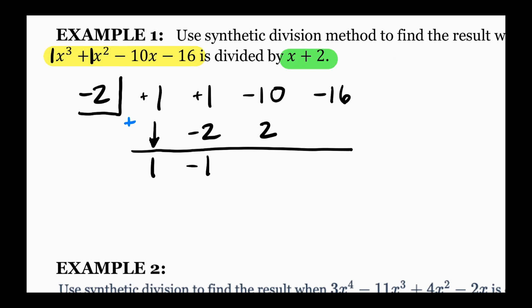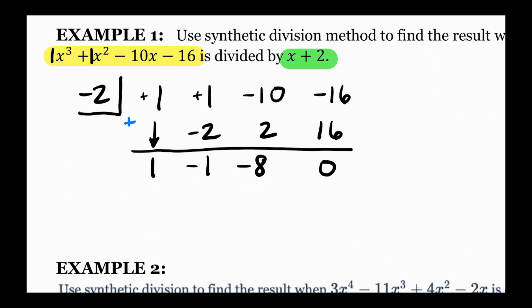Add straight down. What do you get when you add straight down? -8. Good. One more time. -2 times -8 this time. What do I get? +16. When you add straight down, what do you get? 0.